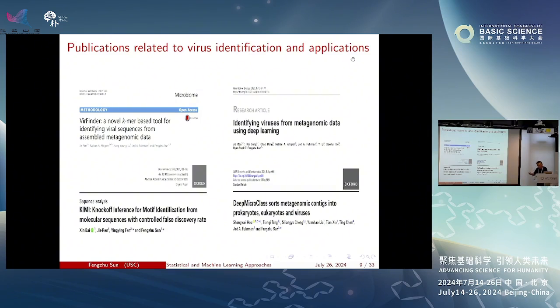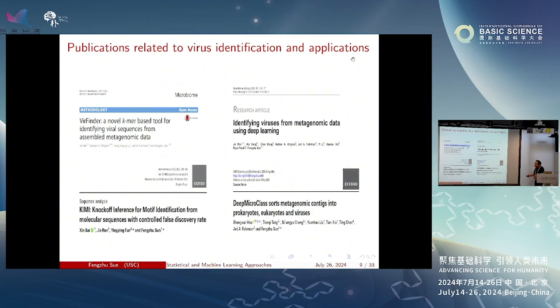We use the k-mer frequencies of a sequence as the features, and then we use a relatively simple penalized linear regression to do prediction for those viral sequences.